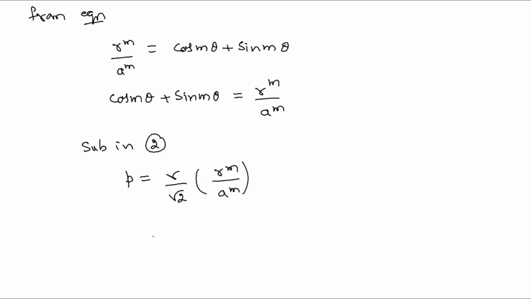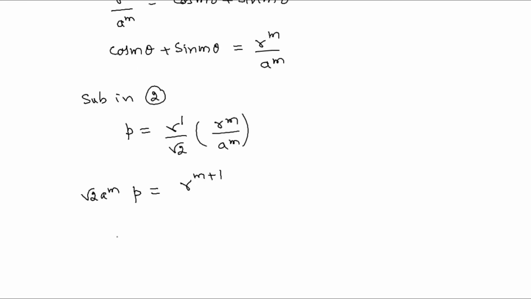So further, if you try to simplify this, r power of 1, r power of m, so r power of 1 plus m, or I can write it as m plus 1, and in the denominator we are having root 2 into a power of m. You can just cross multiply that value, so we'll be getting root 2 a power of m into p. That is the value you are having. So therefore we have got r power of m plus 1 to be equal to root of 2 a power of m into p.